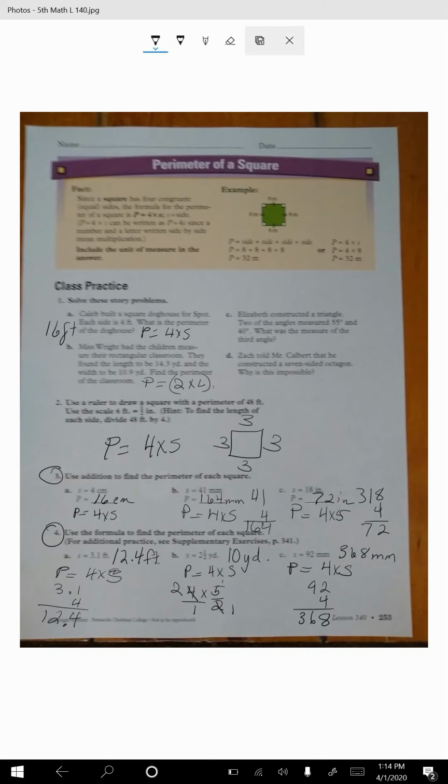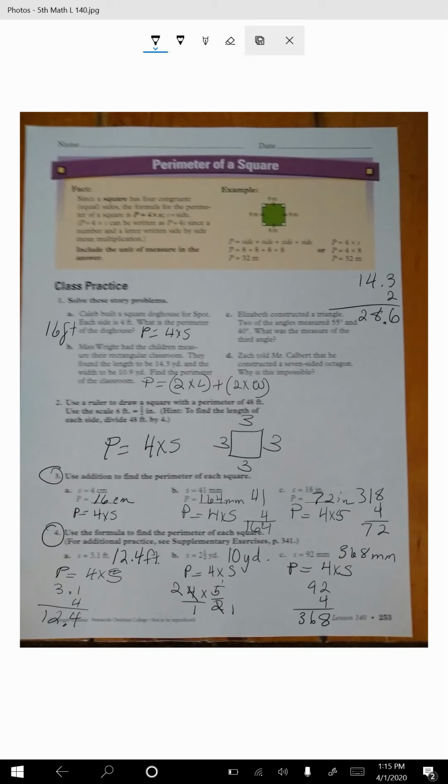Remember this? 2 times length plus 2 times the width. So 2 times the length, which is 14.3, times 2. I get 28.6. There you go.